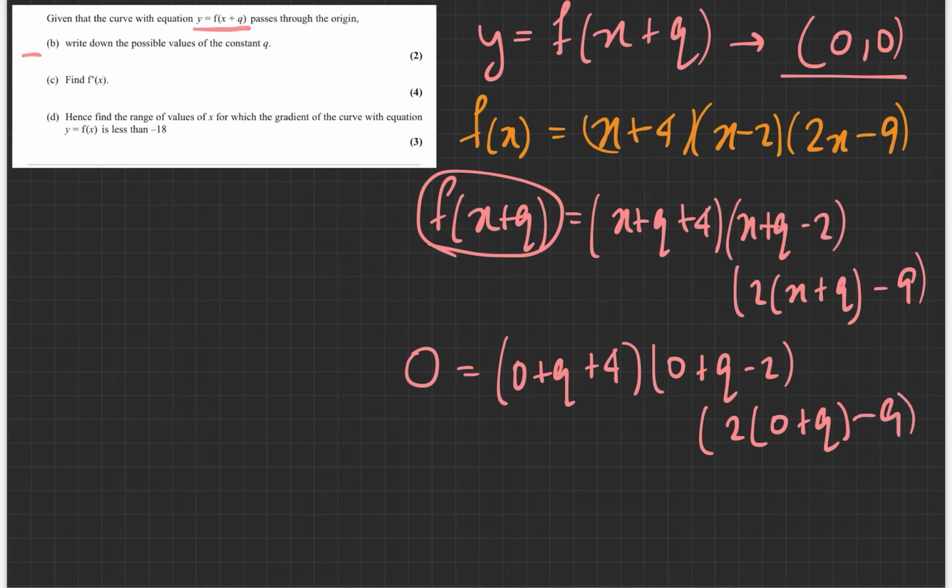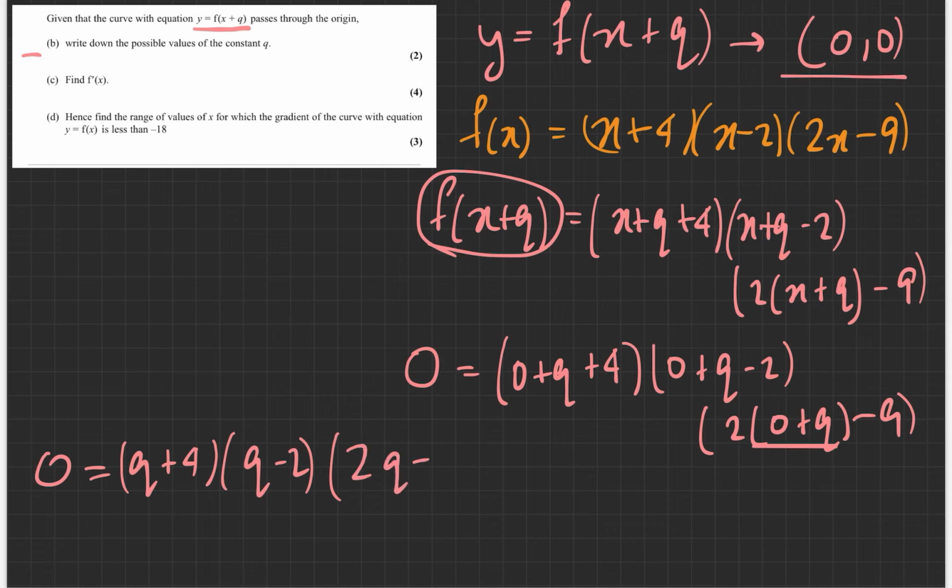Okay, and then what I'm going to be left with is 0 equals (q + 4) multiplied by (q - 2) multiplied by, so 0 + q here is q, right? And then 2 times q will be 2q, so it's 2q - 9.